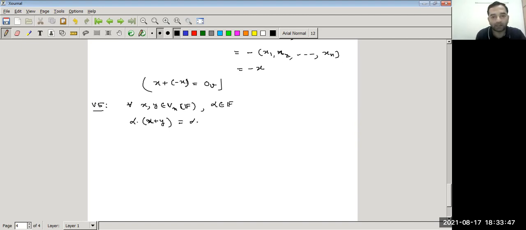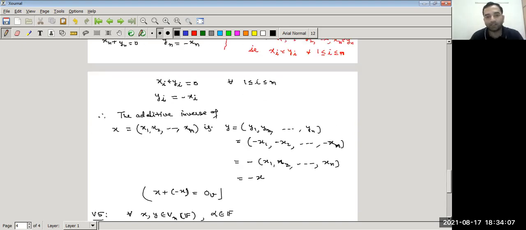So we write alpha into, what is x plus y? We have already defined x1 plus y1, x2 plus y2, xn plus yn. Now, how can we define the scalar product?